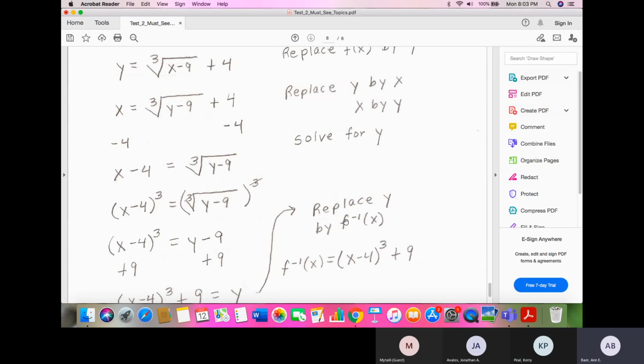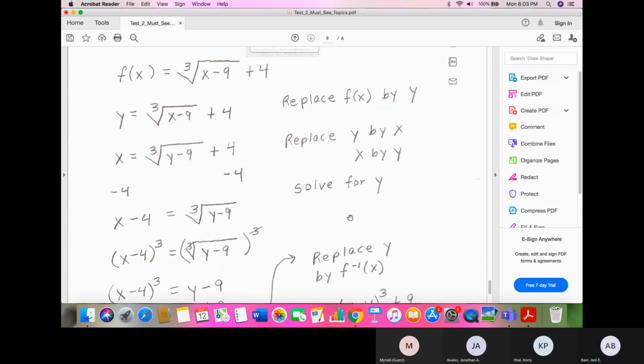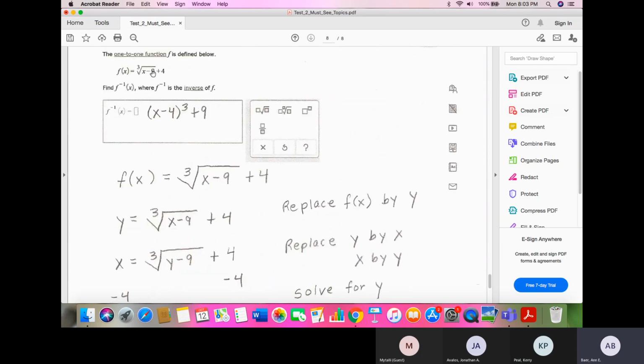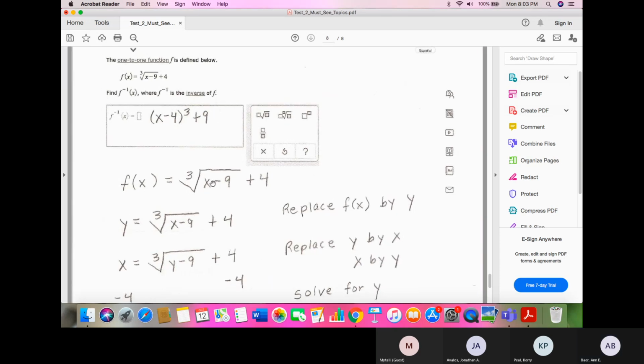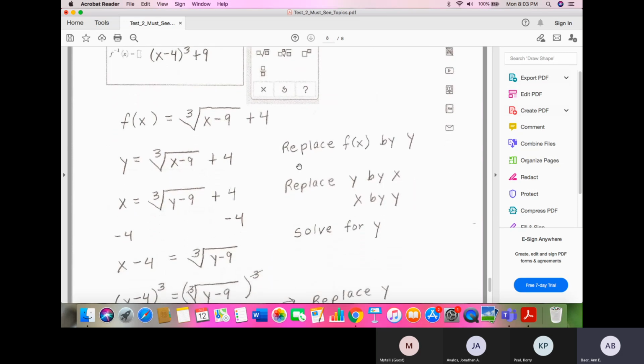So let's go through this process. We're going to first copy our function down that we're given. That's what I did here. Now we're going to take out your f of x, d of x, h of x, whatever it is, and replace it by y. So I took this out, replaced it by y, just copied everything over on this side.